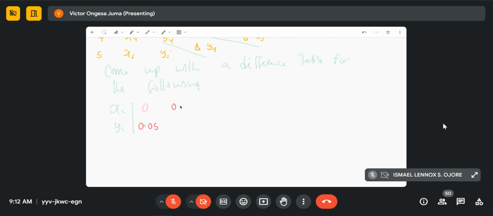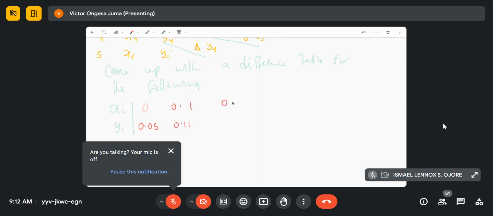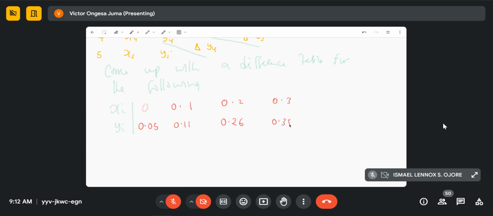I have 0.1, then 0.11, 0.2, 0.26. That is 0.3, 0.35, 0.4, 0.49, 0.5, then that is 0.67.